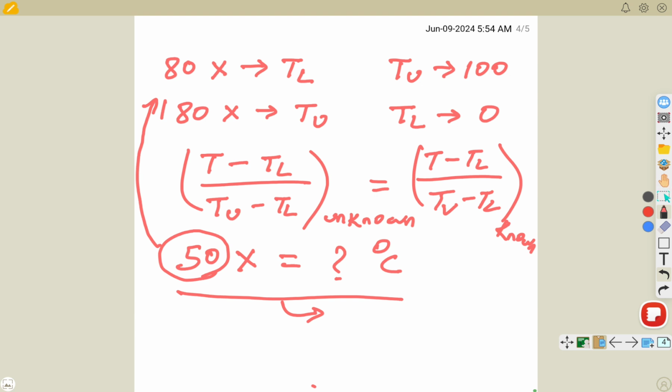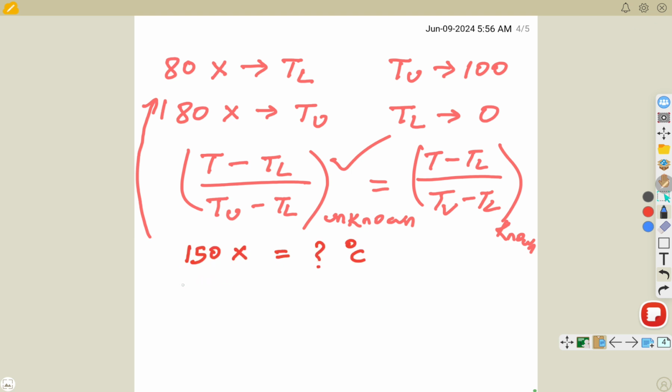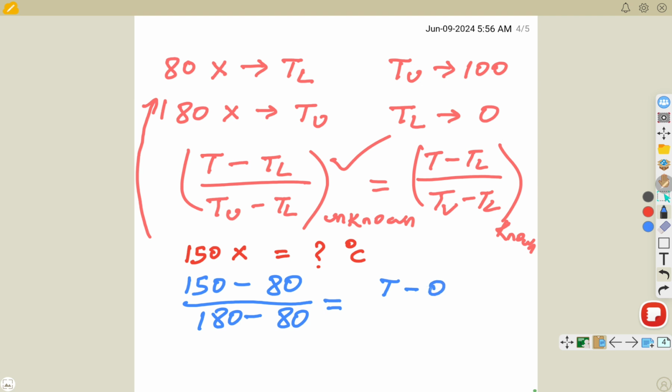Okay, if we are asked 150x is how much in degree C, then we are going to use this formula to find out how much in degree centigrade. So we may write (150 minus 80) upon (180 minus 80) is equal to (T minus lower limit 0) upon (100 minus 0).